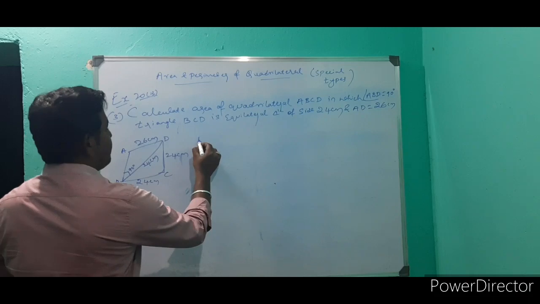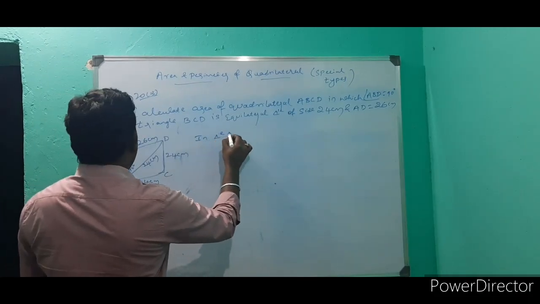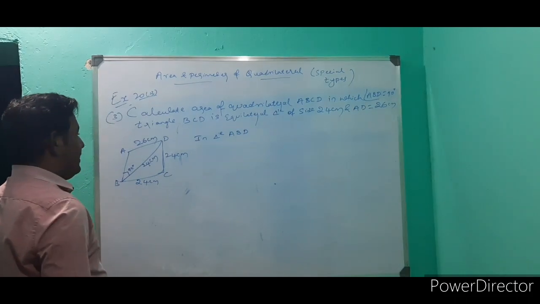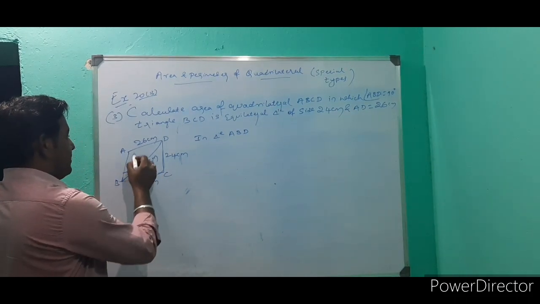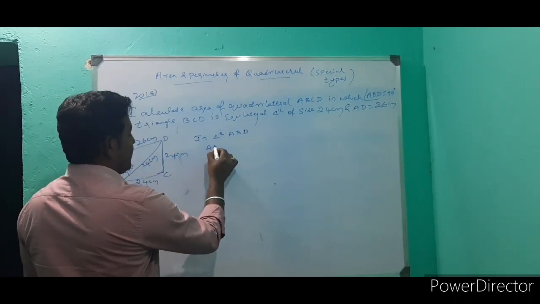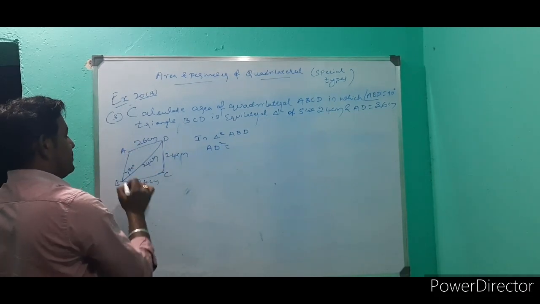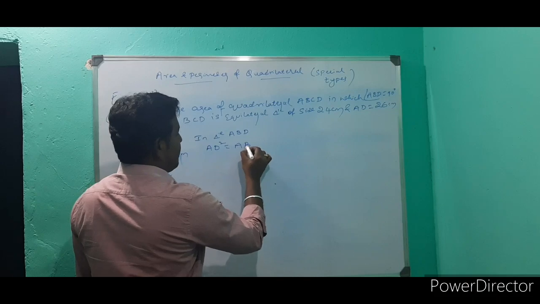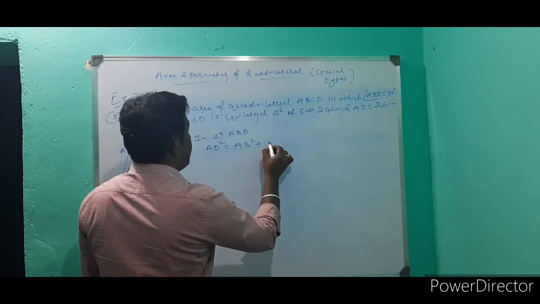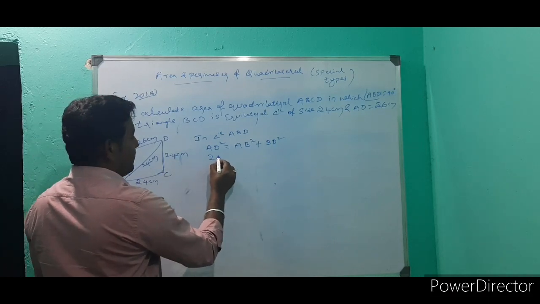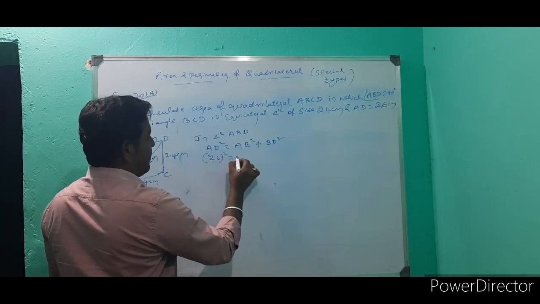So in triangle ABD, apply Pythagoras theorem. AD square is equal to AB square plus BD square, as this is the angle opposite, 90 degree. AD square is 26 square.